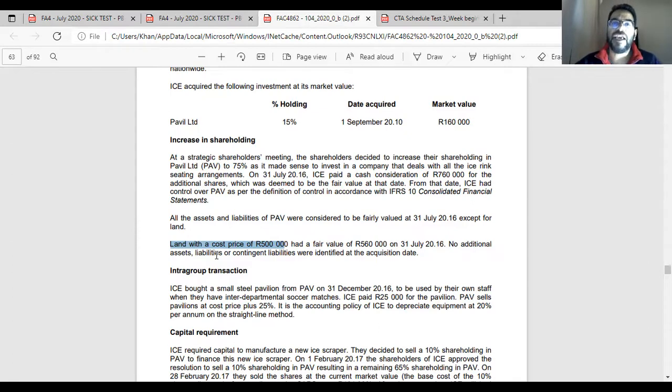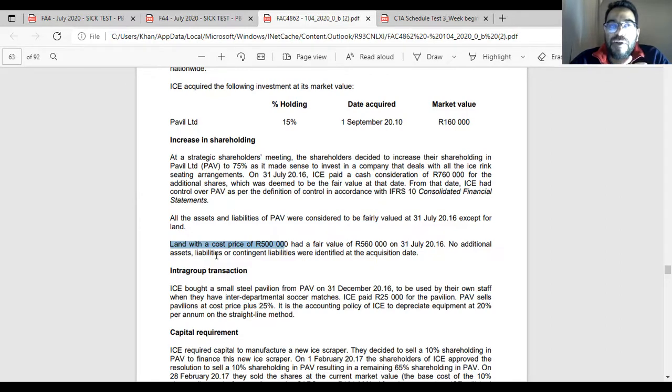So accounting is saying you are deemed to have sold that 15% at fair value. You didn't really, but you are deemed to have sold it. So the journal entry is to credit the investment in Pave. What must you credit it at? You must credit it at fair value, because you are deemed to have disposed of it.